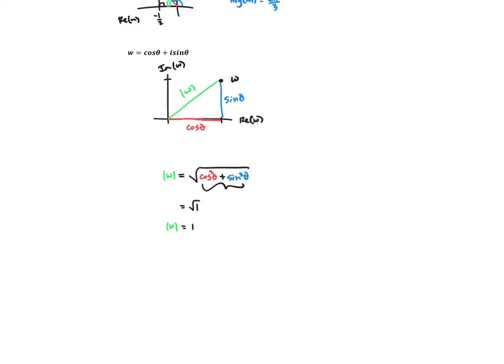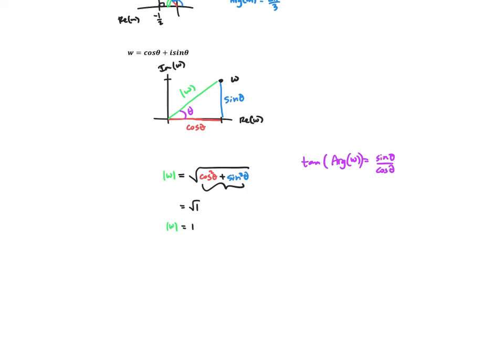Now, as we look at this, to find the argument, let's call this theta, our argument of w. We could say that the tangent of the argument, which we haven't used up to this point, is going to be equivalent to the sine of theta over the cosine of theta.